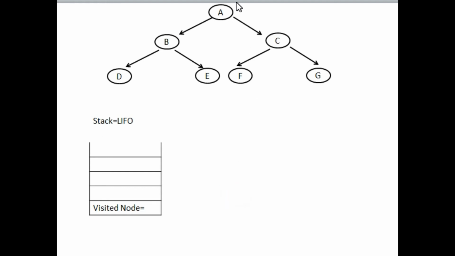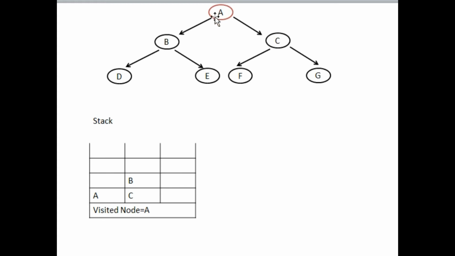I will push the root node in this stack. Then I will pop this node and check whether it is a goal or not. If it is a goal, then I will stop over here. Otherwise I will mark it red and place its two child nodes over here.